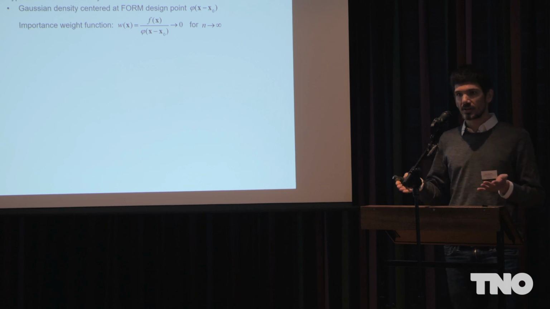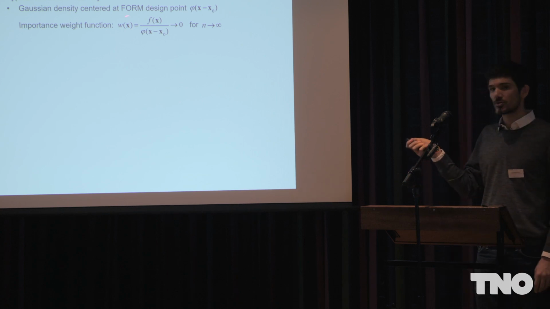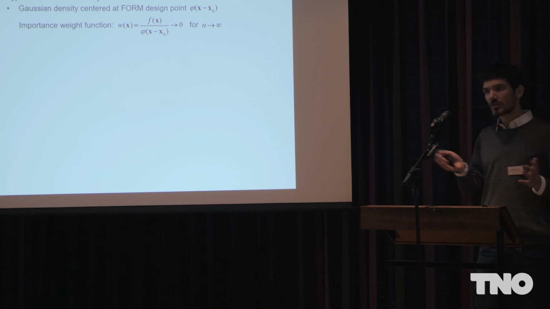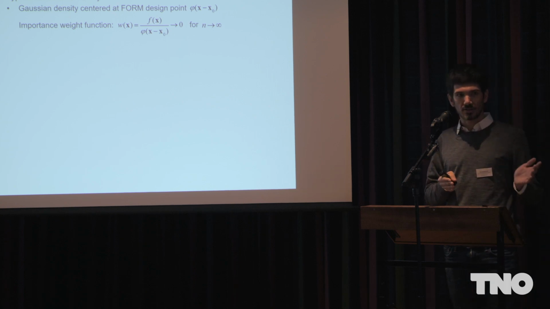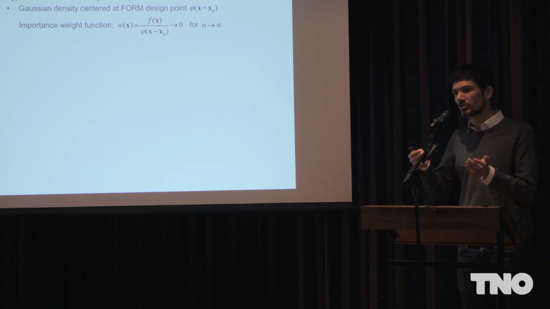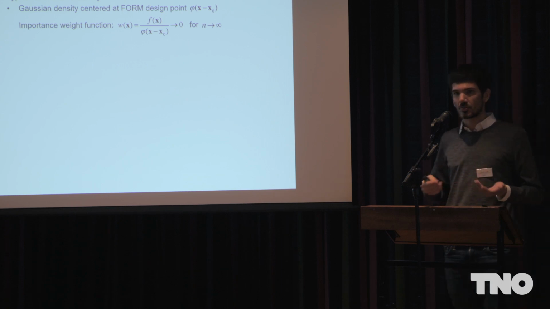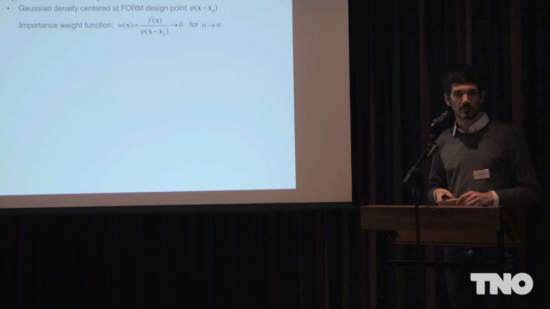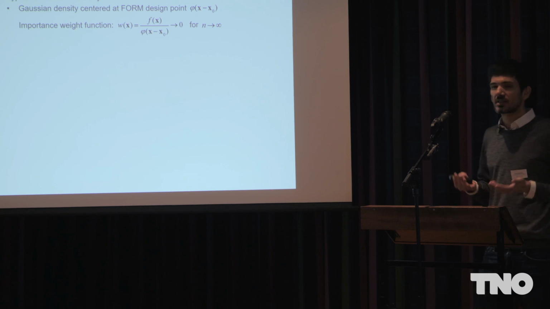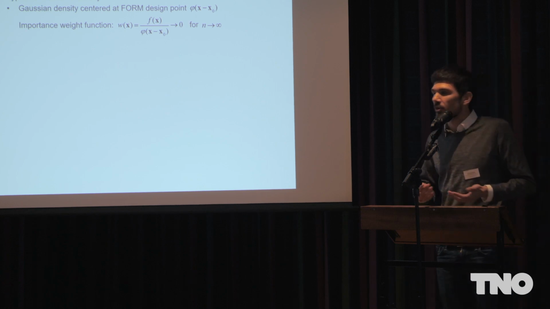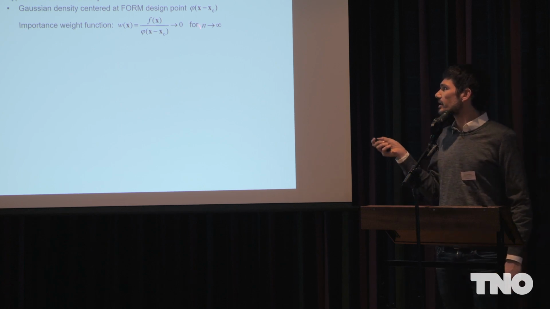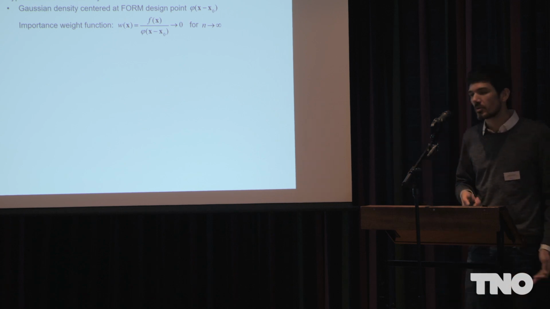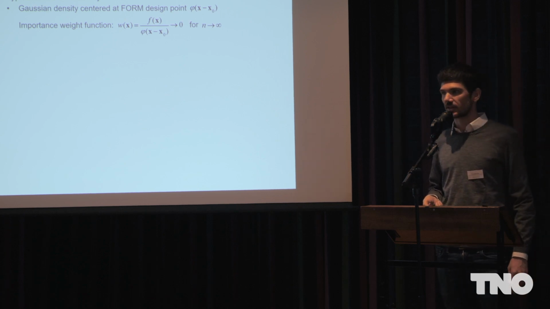When n goes to infinity, we will get a very skewed distribution of these weights. Most of the weights are going to take values at 0, and some weights are going to take large values in order to compensate and give us an unbiased estimate. Okay? This means that in practice, this choice of importance sample density will lead to a biased estimate for a finite number of samples.